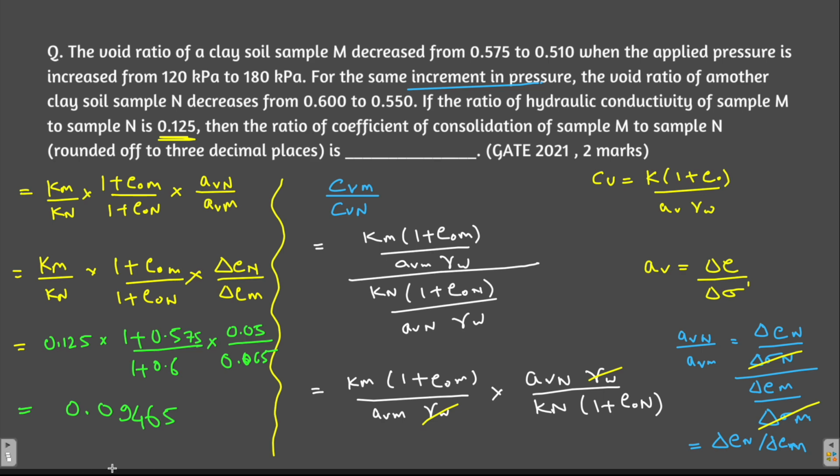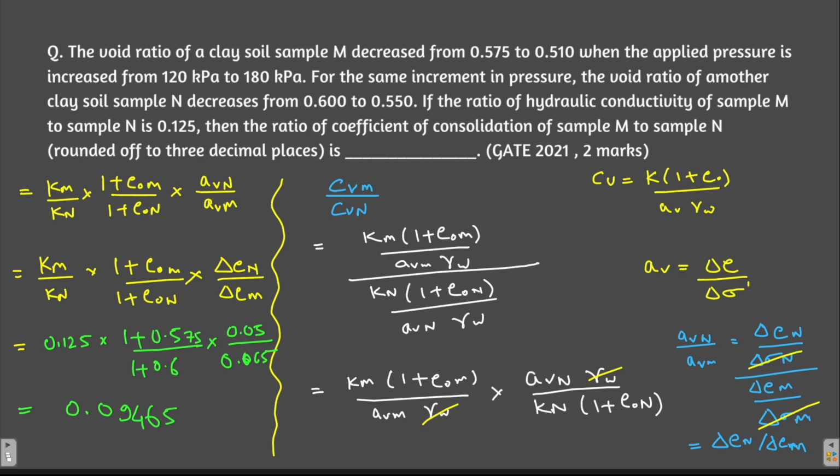And what is the question demanding? Whenever you are giving the GATE examination, be very careful. After solving everything, read the question once again, what the question is demanding. Here it is demanding the answer rounded off to 3 decimal places.